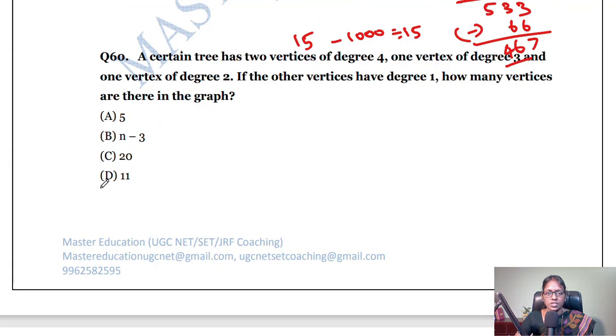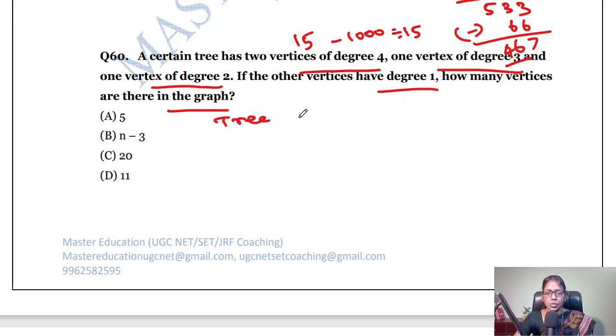The next question is, a certain tree has 2 vertices of degree 4, 1 vertex of degree 3, and 1 vertex of degree 2. If the other vertices have degree 1, how many vertices are there in the graph? So this is a tree.